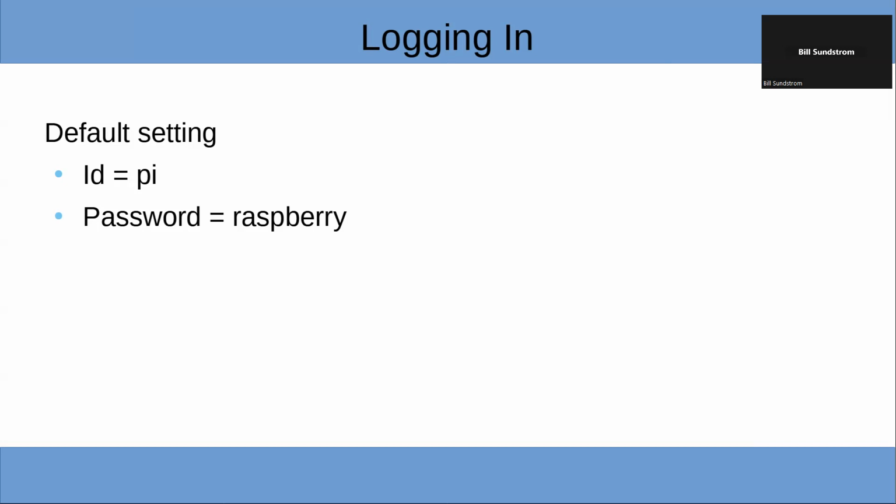And as far as I know, it's still that for the defaults. Depending on your application, you might want to go in and change that after you've played with it a little bit, when you're confident that you're going to remember the ID and password, because if you forget it, you're going to have to go back and erase your SD card and reload the operating system and do it over.